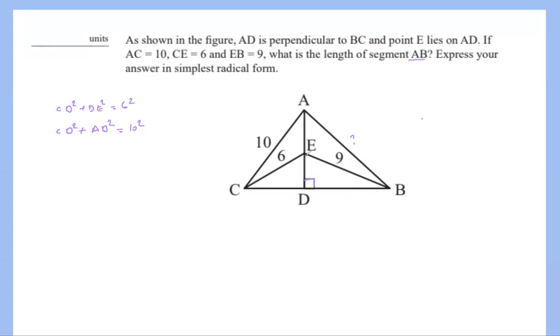And if I use the Pythagorean theorem in this triangle, because I know the hypotenuse of EDB, that will give us DE squared plus DB squared equals 9 squared.